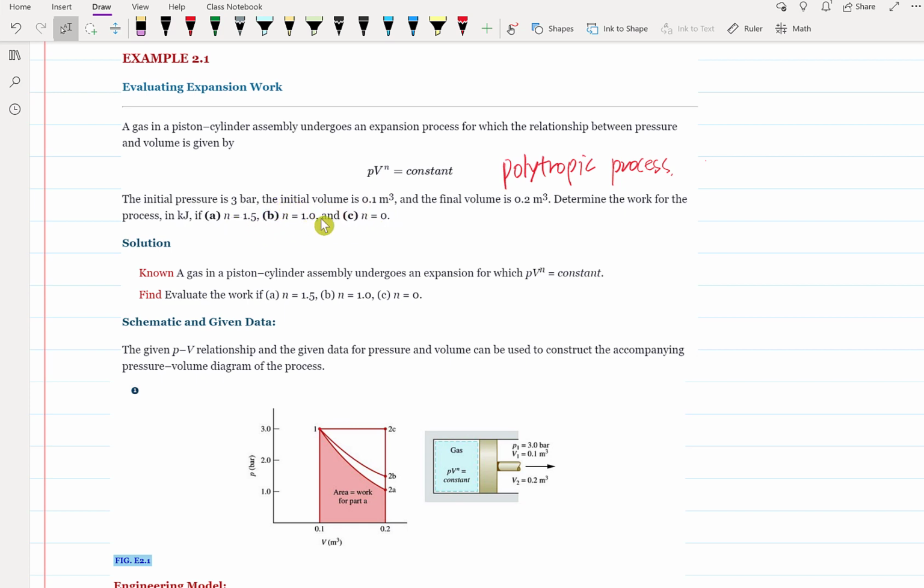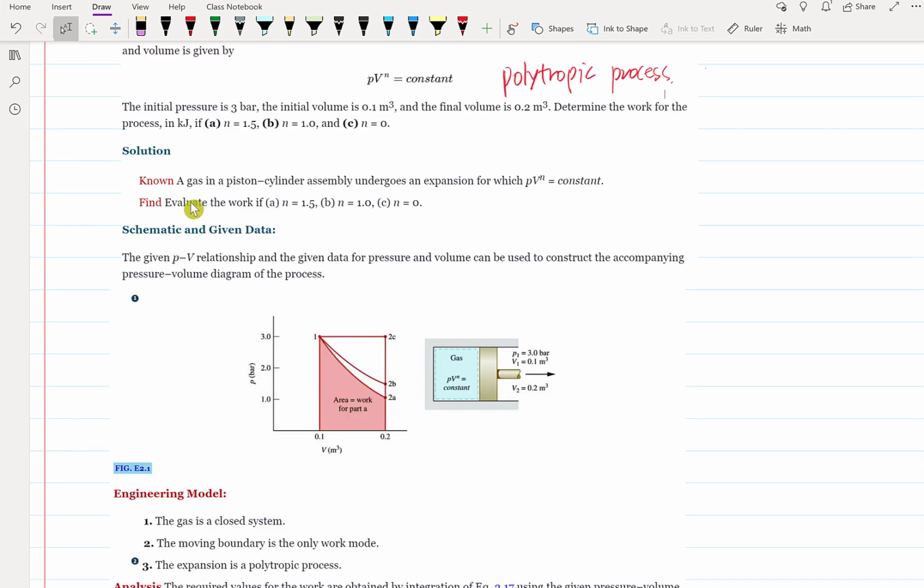In these three cases, we can also determine the pressure at state 2. State 1 is the initial state, and state 2 is the final state. What is known? A gas in a piston cylinder assembly undergoes a polytropic process, and we evaluate the work at three different exponents n.